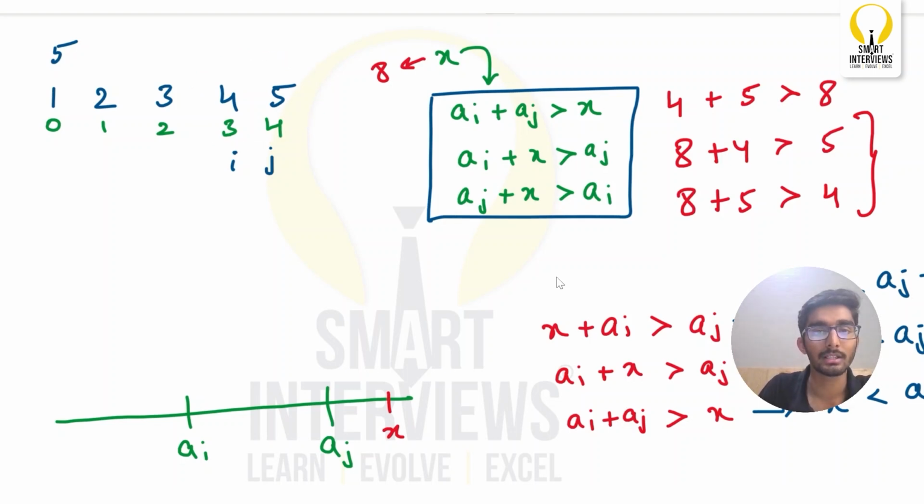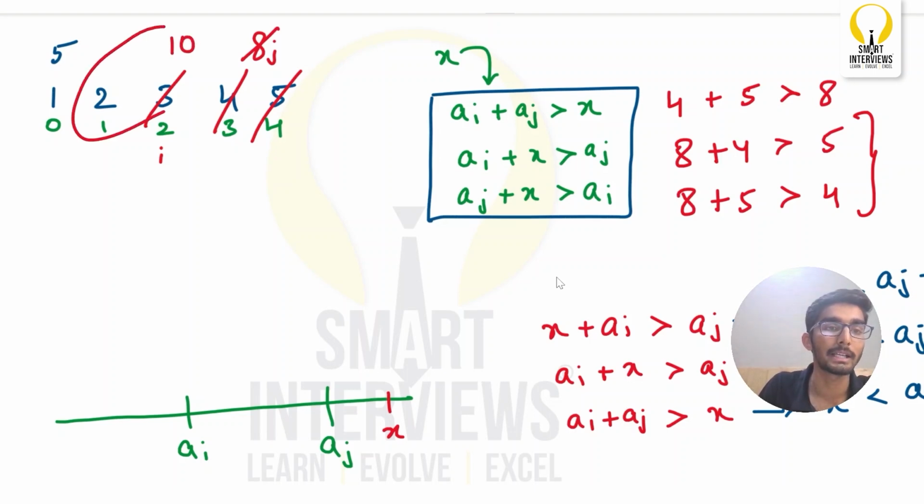So I need to remove these two and add 8 to my array, right? And then if I am picking this and this, I need to remove these two and add 8 plus 3 minus 1, which is 11 minus 1, which is 10, right?